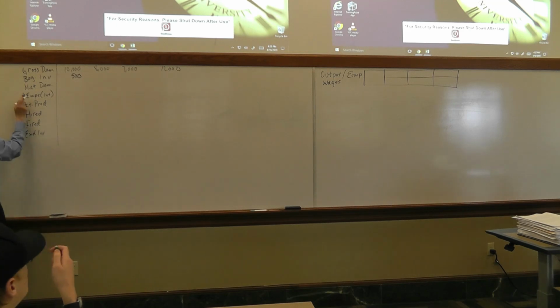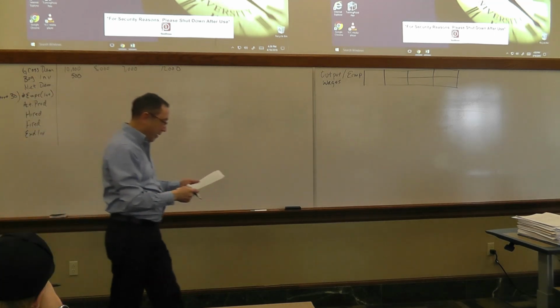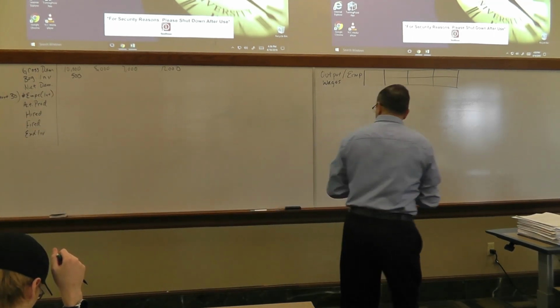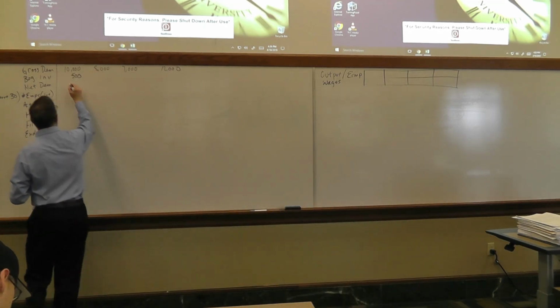Our number of employees, off to the left, I'll write the beginning number. The problem says 30, correct? 30. So we can use that to figure hired, fired in the first period. All right, so I know my net demand in the first period is going to be 9,500.